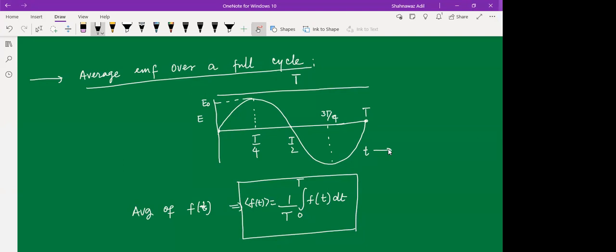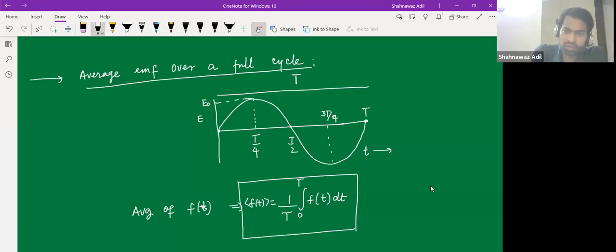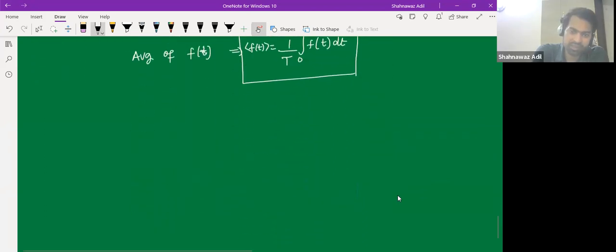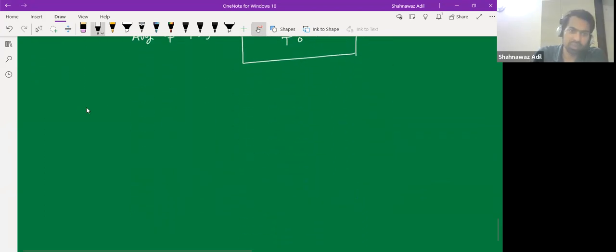Yes. Okay. So now let us calculate the average EMF. How do we represent that? This is E bar, right? This is how we represent the average. So you tell me what would be this average EMF?